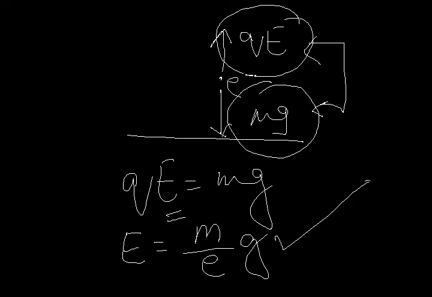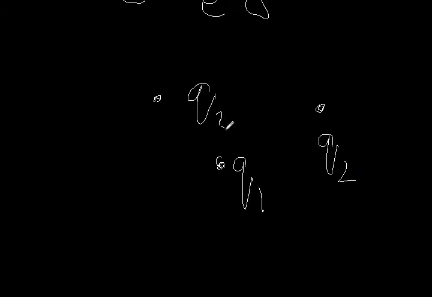Now the second thing about the field is the fact that the field has a very peculiar property of getting superimposed. Well, how does it happen? Let's check out. Say I have a charge here, I have a charge there, and another charge there. So this is Q1, this is Q2, and this is Q3.